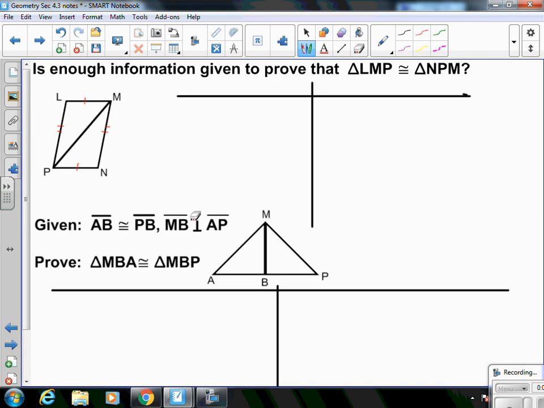And then moving on. Next one asks, is there enough information given to prove that triangle LMP is congruent to triangle NPM?